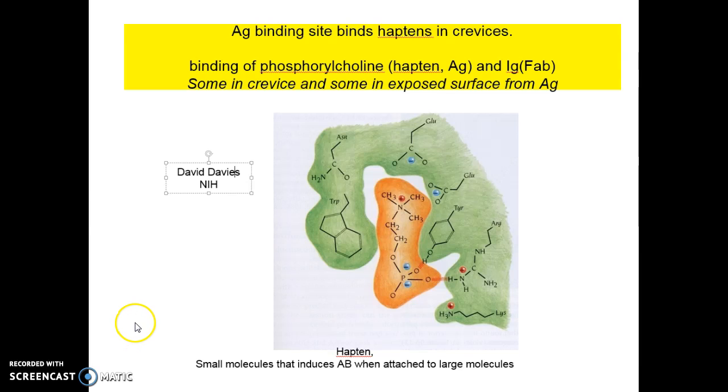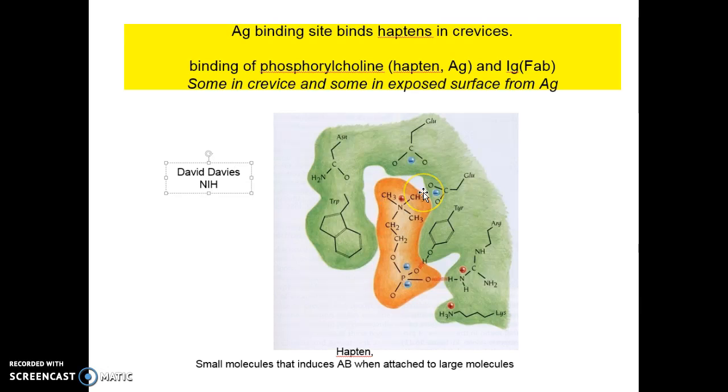of hapten, in this case phosphorylcholine, to the FAB fragment has been studied by David Davies' group at NIH. The binding cavity is in a cleft between the light chain and heavy chains.